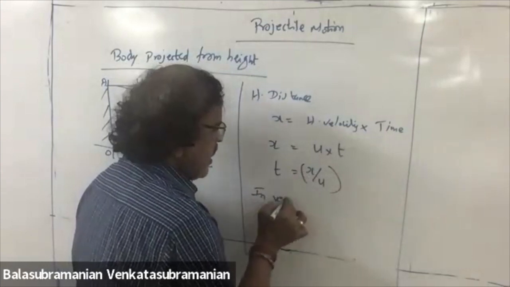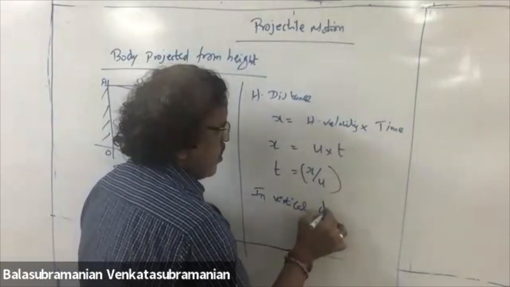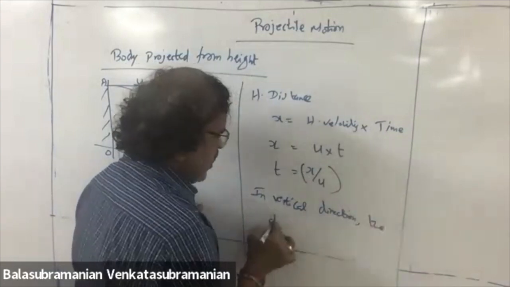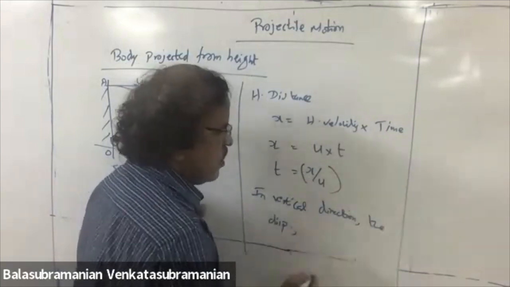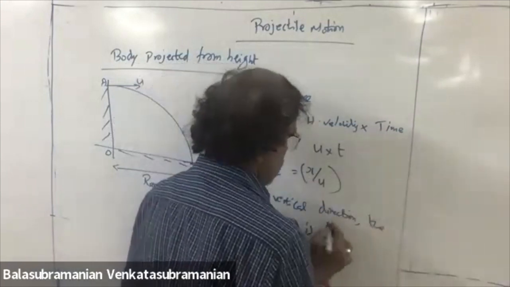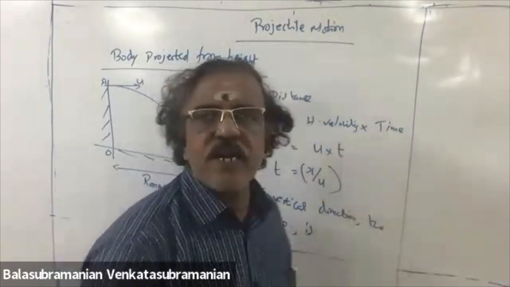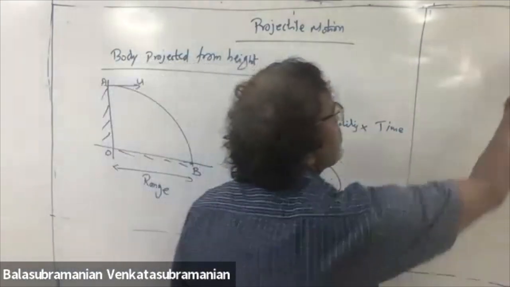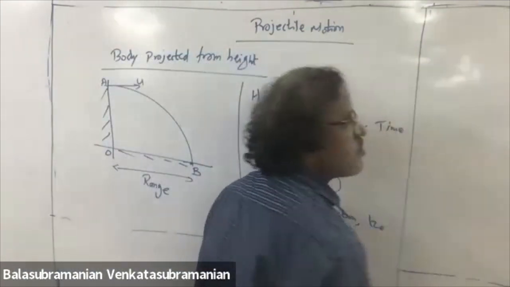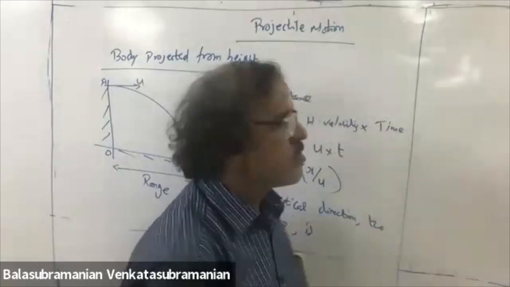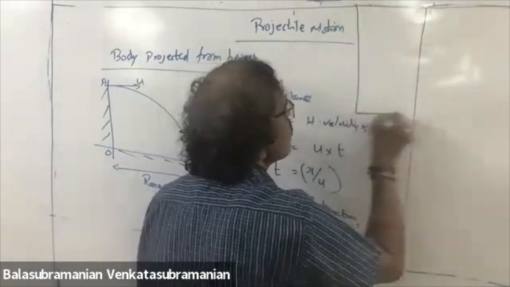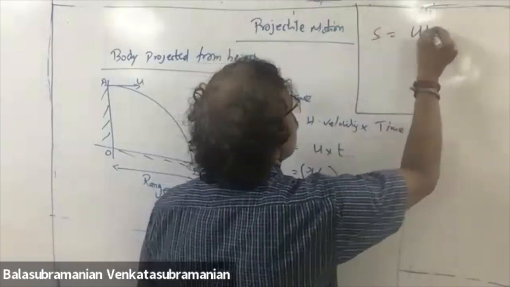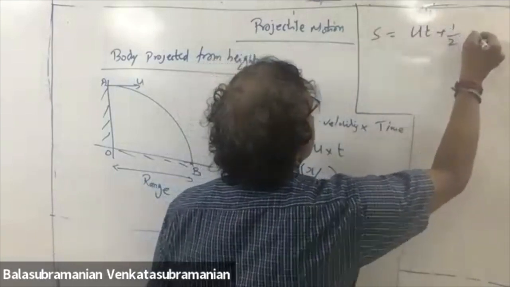In vertical direction, the displacement, what is the basic displacement equation? S is equal to ut plus half at square.